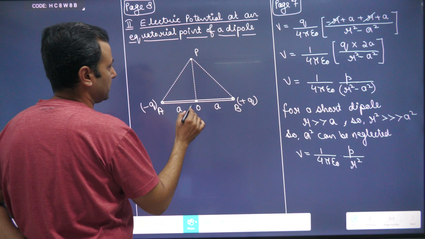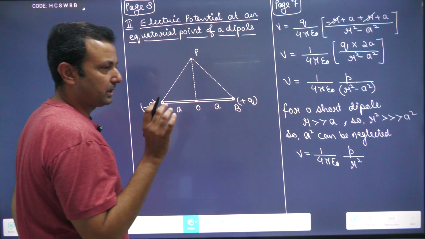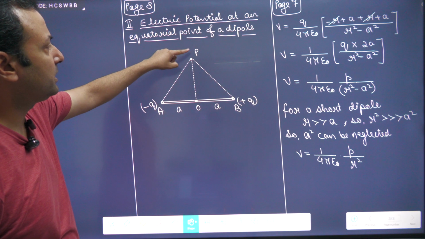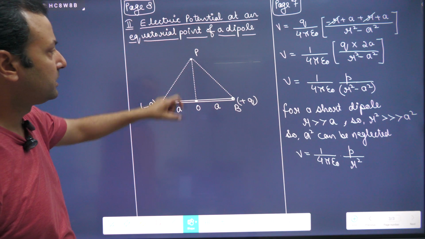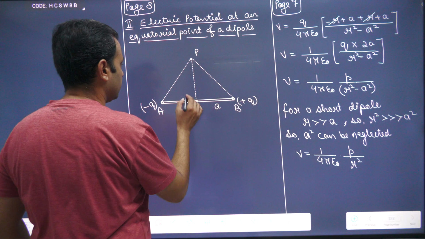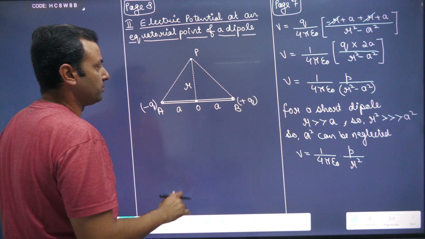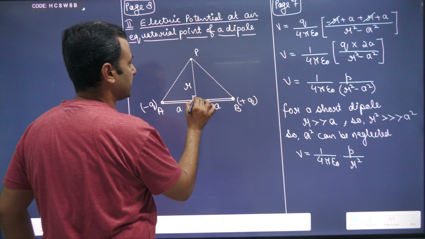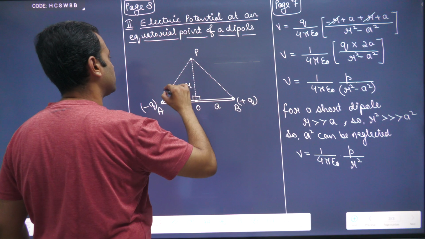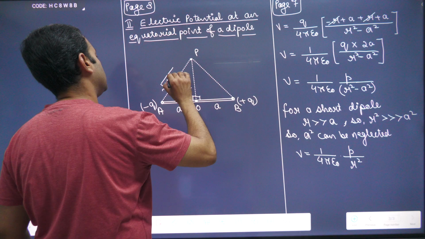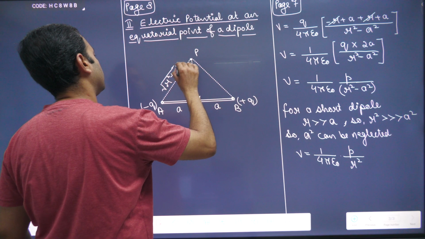Now I am considering point P, and from point O it is at a distance small r. So by Pythagoras theorem, because it is on the perpendicular bisector, what is this distance? This distance is under root r square plus a square.